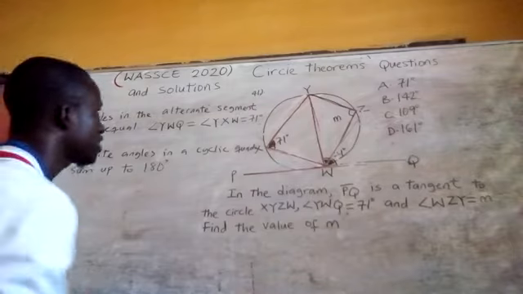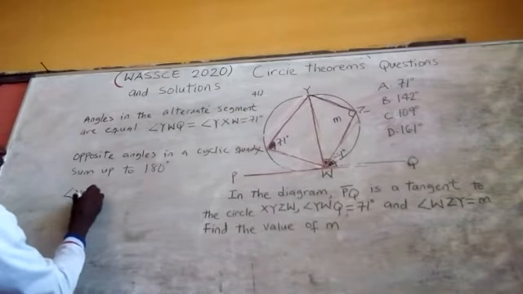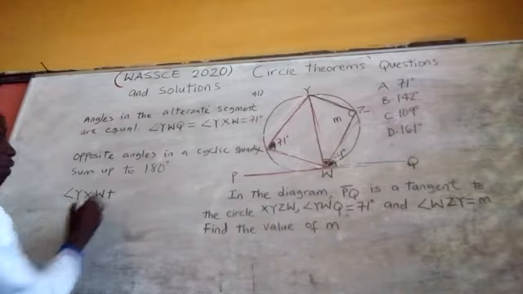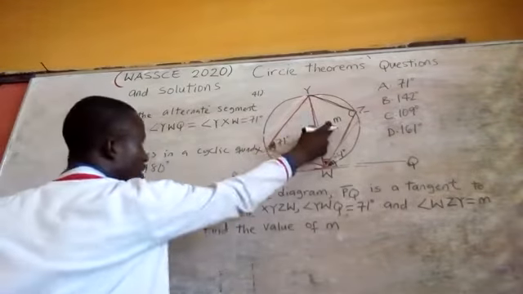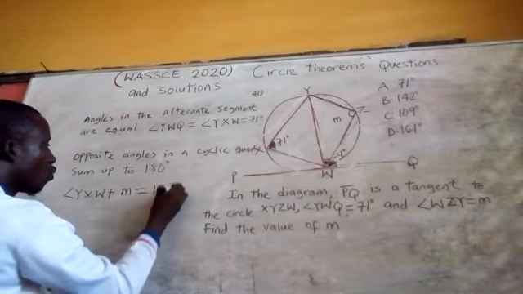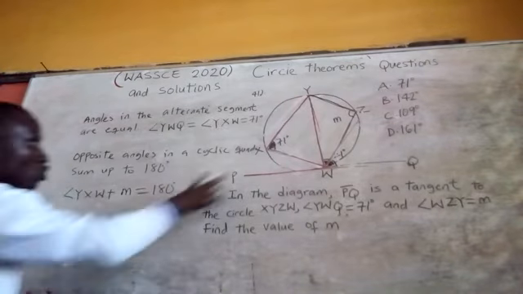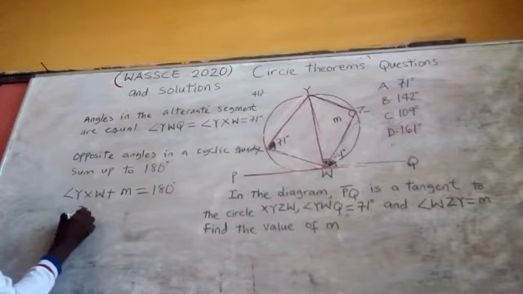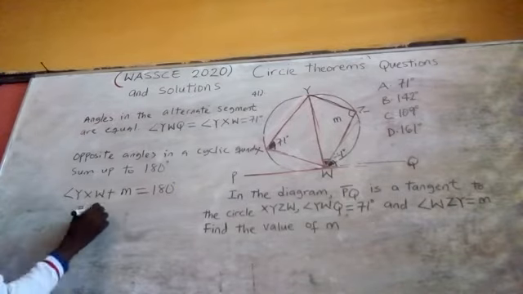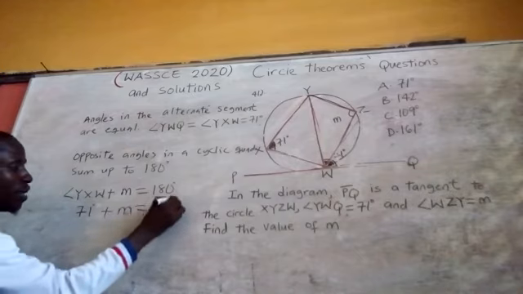So here we can see that angle YXW plus the value for M will be equal to 180 degrees. So angle YXW, given to us as 71, so we have 71 plus M to be equal to 180 degrees.